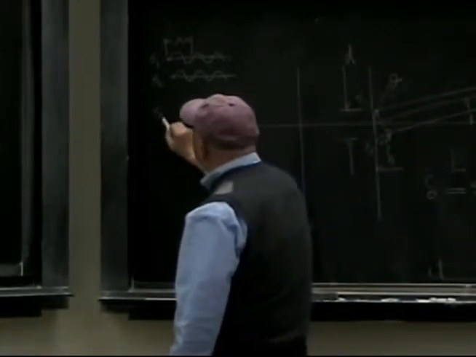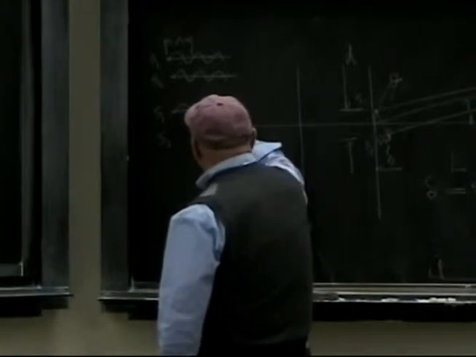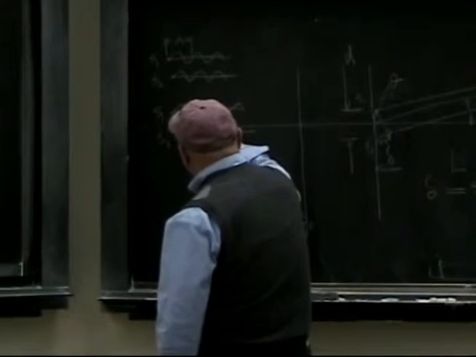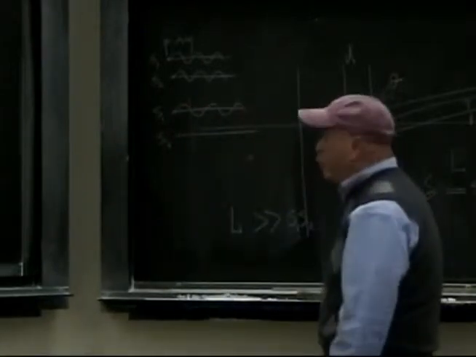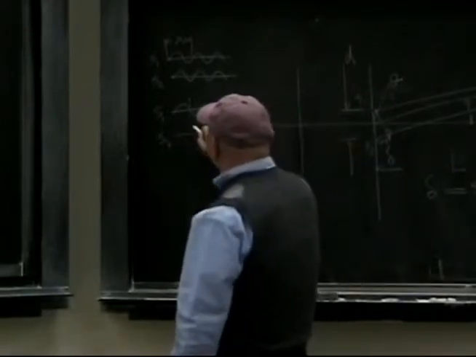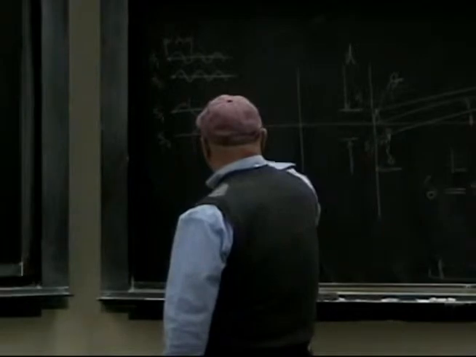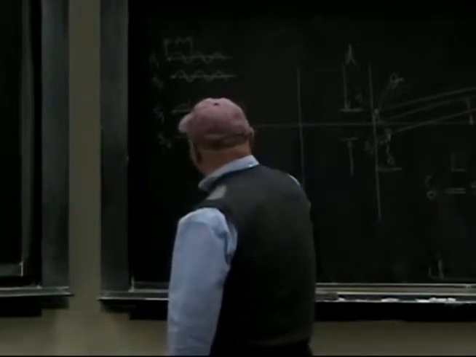Now, S1, S2 in here, if they are separated by a half wavelength, so this is a half wavelength shift, so this shifts to here, and then this goes like this.